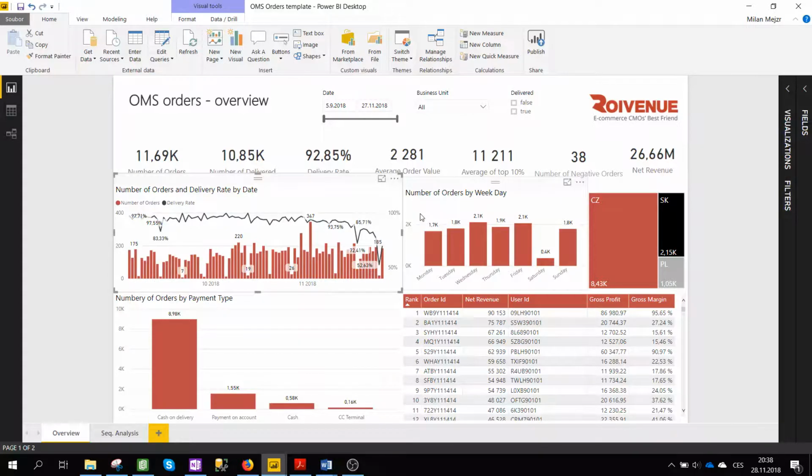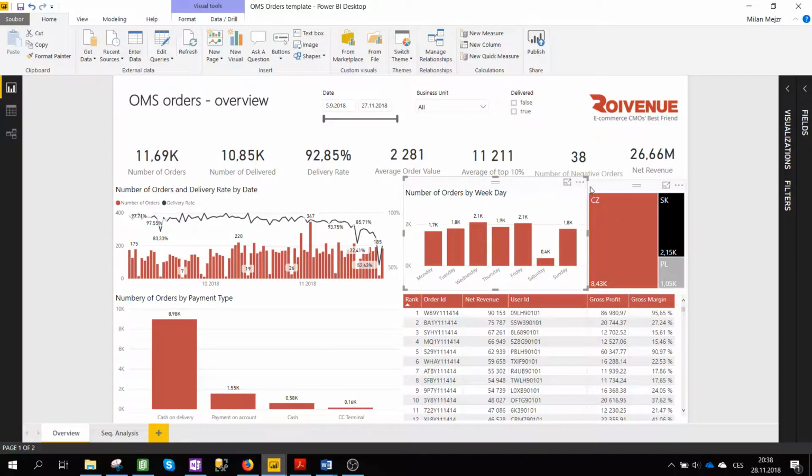The next visual is number of orders by weekday. So we have days from Monday to Sunday. In this case, we can see that Saturday is the worst day of the week. People don't buy much.